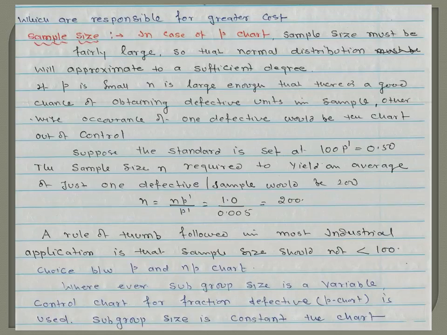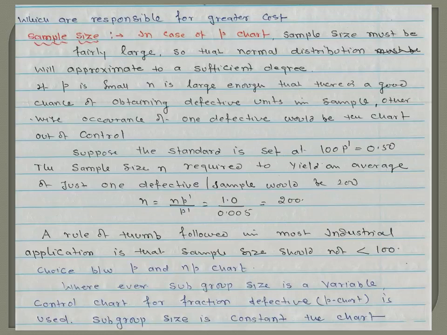That means to get at least one defective, the sample size should be at least 200. So N is equal to NP dash over P dash. So this value is 1.0, N is 200, P dash is 0.50 divided by 100.